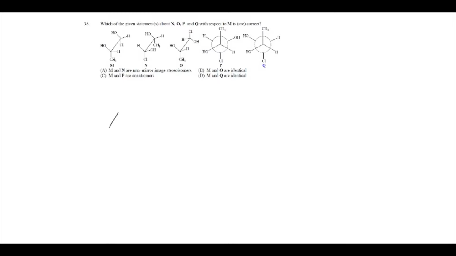So this is the single bond connecting the 2 carbon atoms. We have these 3 different groups at one end. This is M, and we also have H here, CH3, OH.